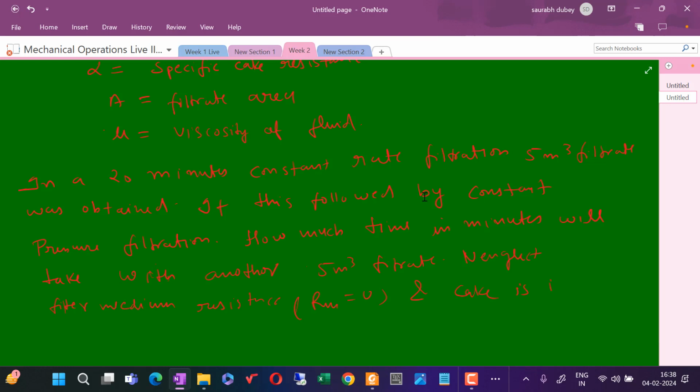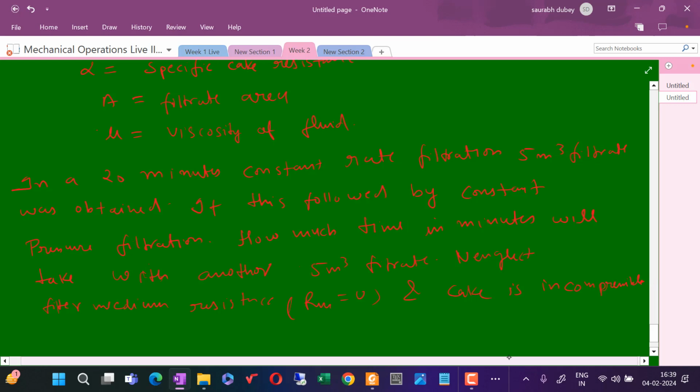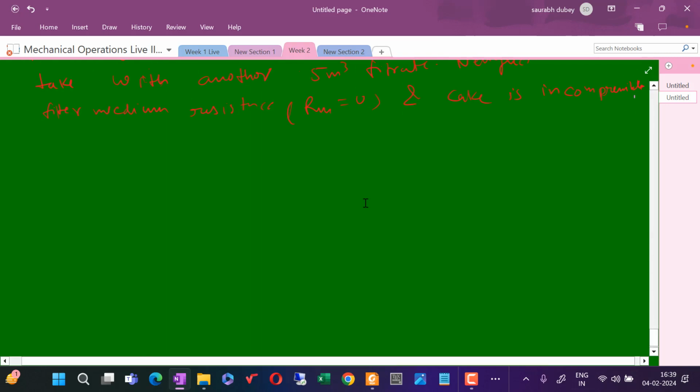Incompressible means there is nothing like an alpha value that is a function of pressure drop. So solve it.